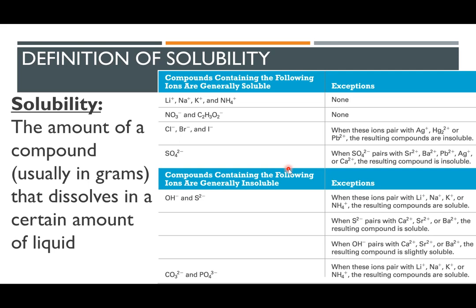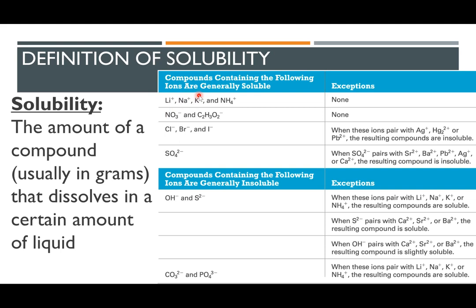If it was soluble at that time, remember we said it was a strong electrolyte and it completely dissociated. So that is still true. If it falls within the generally soluble category, it's a strong electrolyte and completely dissociates. So anything with lithium, sodium, potassium, those will always completely dissociate.